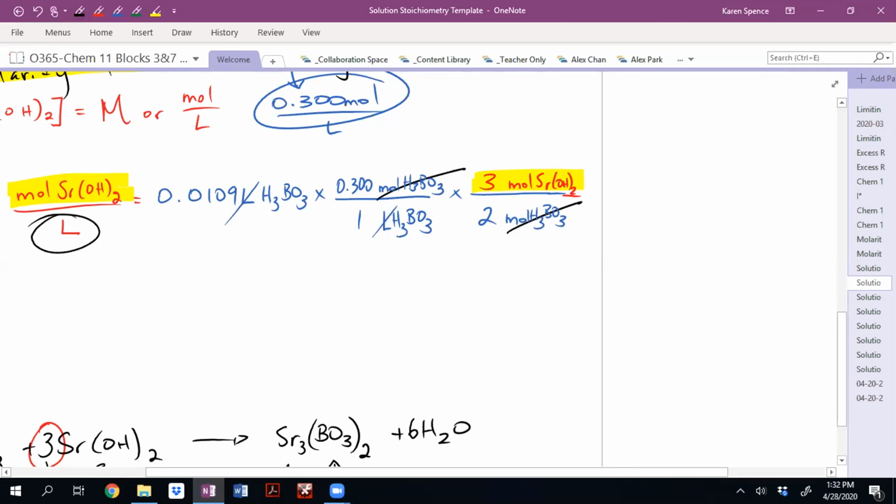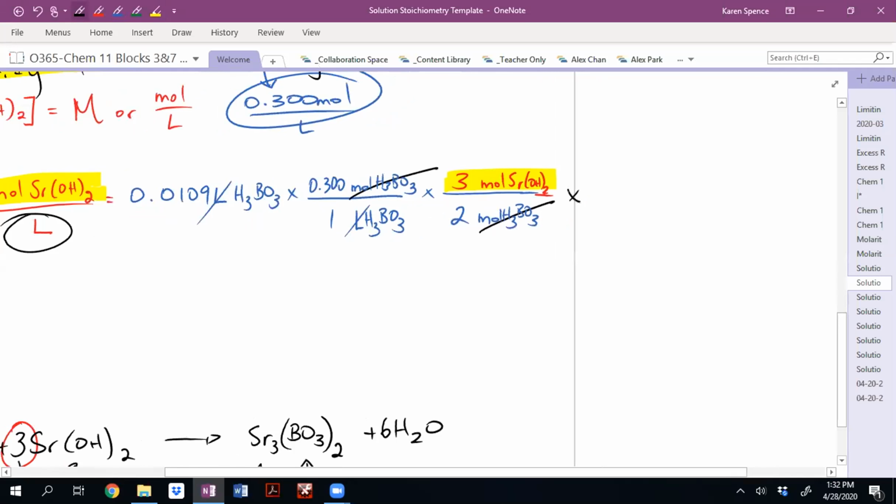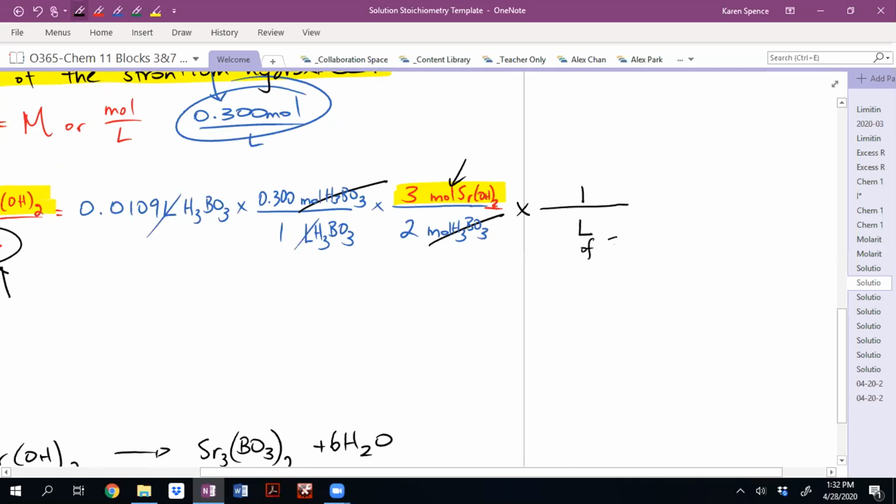People always want to do fancy things, but you already have your moles on the top. You have the correct unit, so just stick a 1 up there. And you are going to put that over liters of the Sr(OH)2.